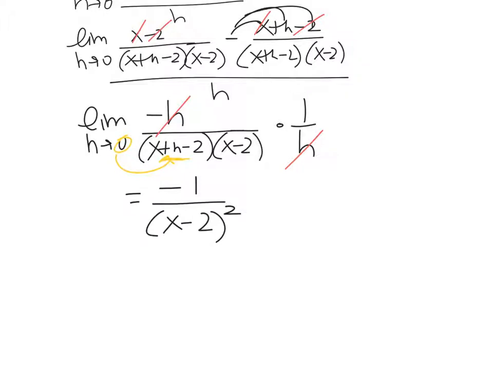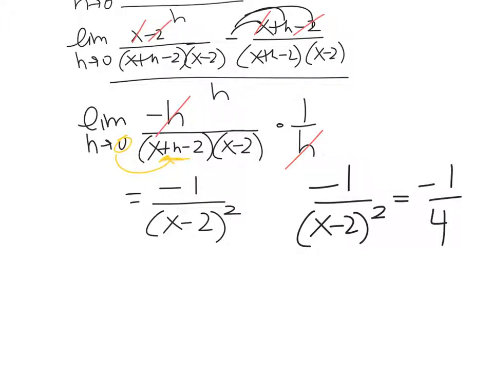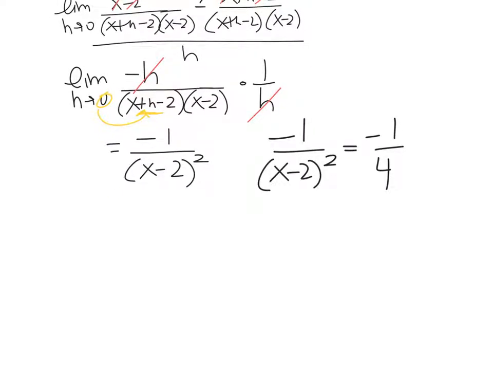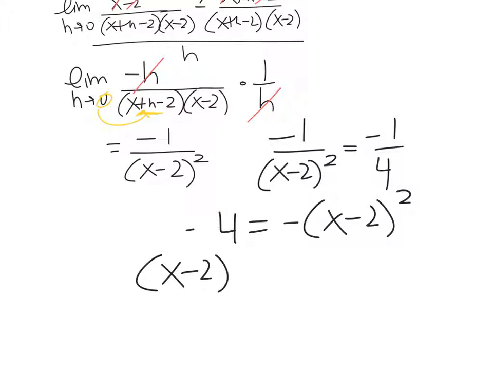Now I have to take that and set it equal to -1/4. Can we FOIL out the bottom? So I would probably cross multiply, and you get -4 equals -x minus 2 squared. I just get rid of the negatives because you don't need them. So you get x minus 2 squared equals +4.